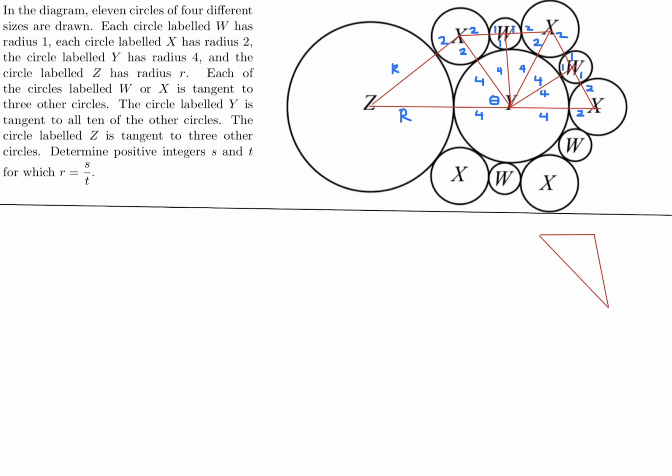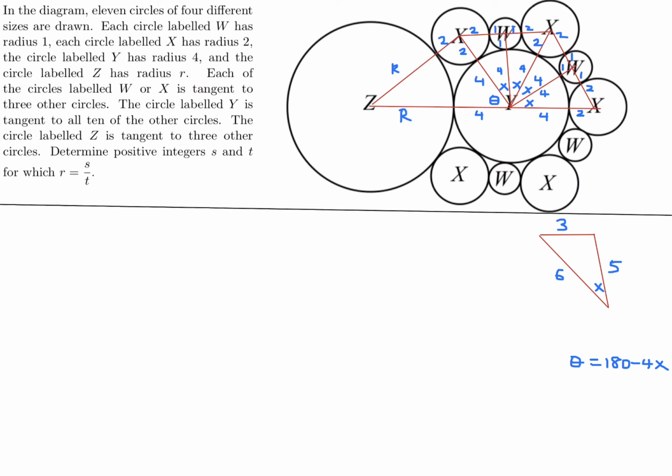You'll notice they all have sides 3, 6, and 5, every single one of them. So if I were to figure out that angle x, this would be x, this would be x, this would be x, and this would be x. So essentially, that theta would be 180 minus 4x.